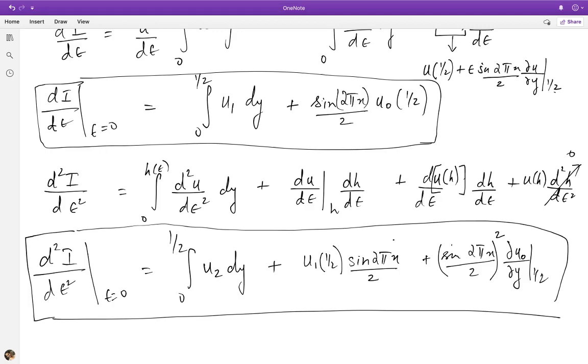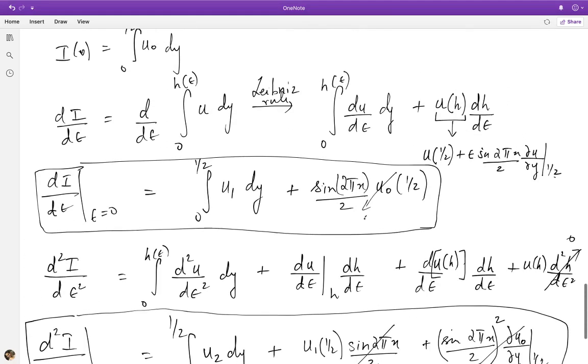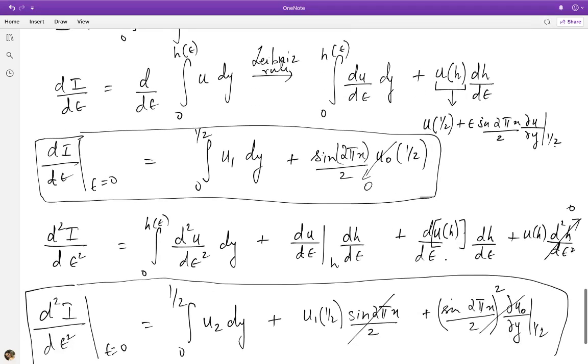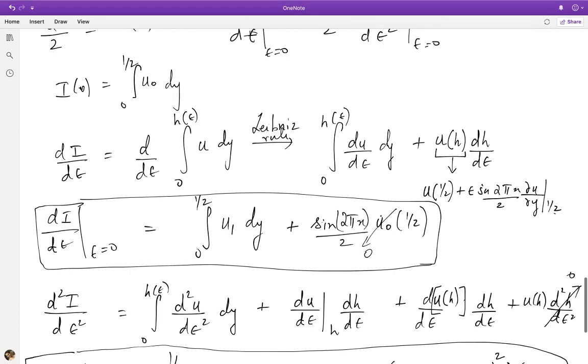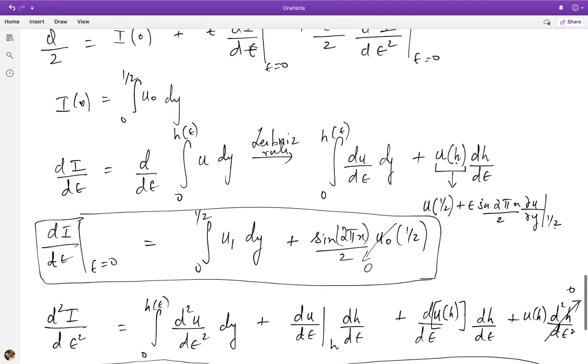So these two terms actually cancel off, and this term is identically equal to 0 if we were to apply the boundary conditions we obtained from the domain perturbation at each order. However, you could have anticipated this even earlier. If we had looked at the general form here before we looked at applying epsilon going to 0, we'll see that we have u at the wavy wall h, but I know that this itself must be equal to 0 exactly.